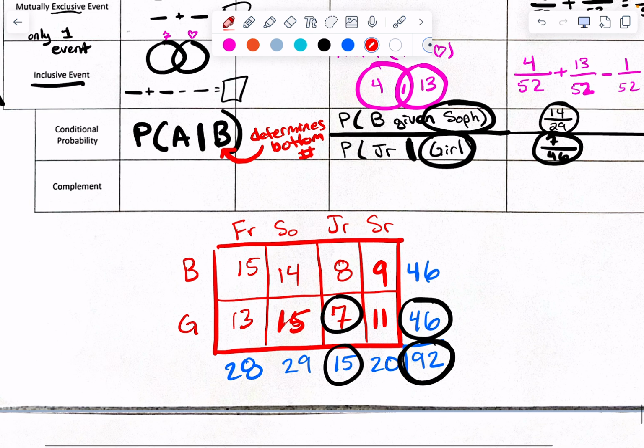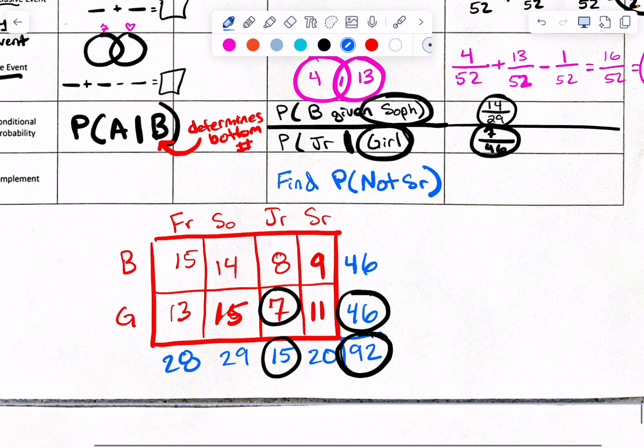All right, complement. Find the probability of choosing a student that is not a senior. How do you do that? Find the probability of senior and subtract.